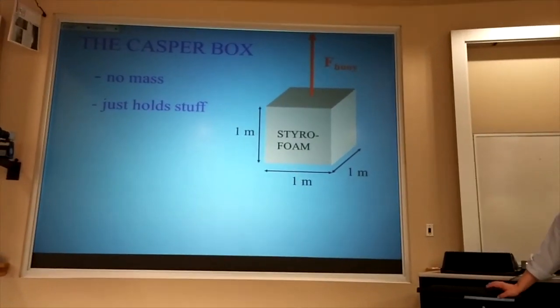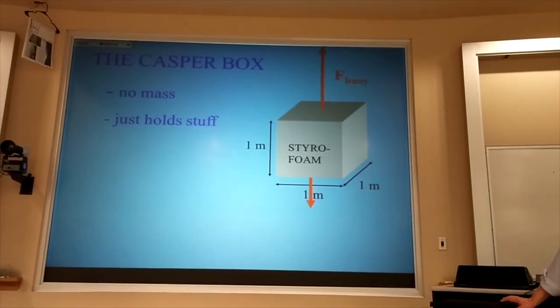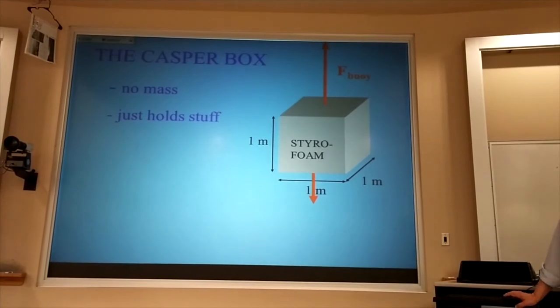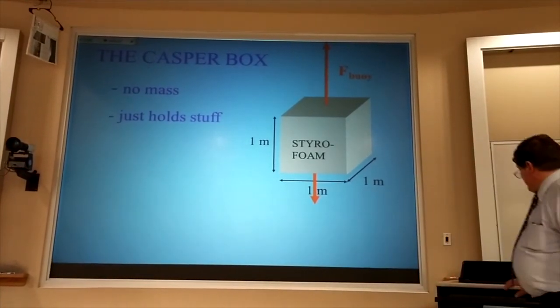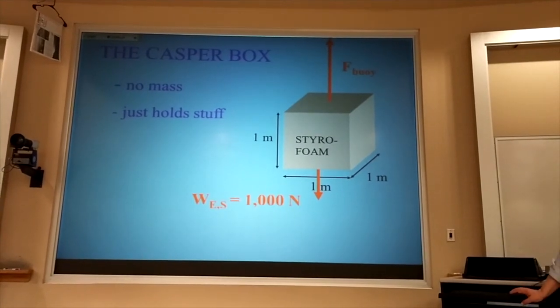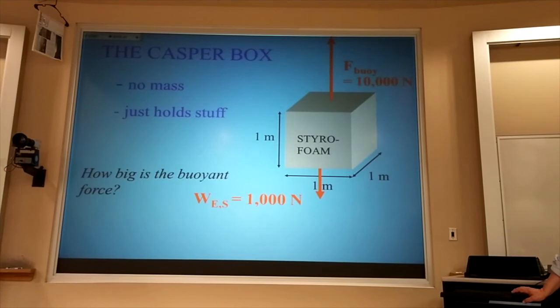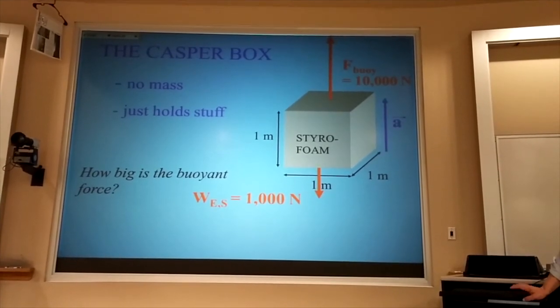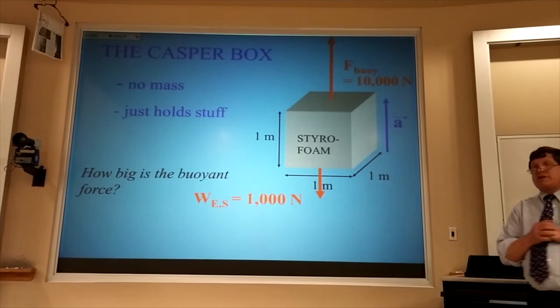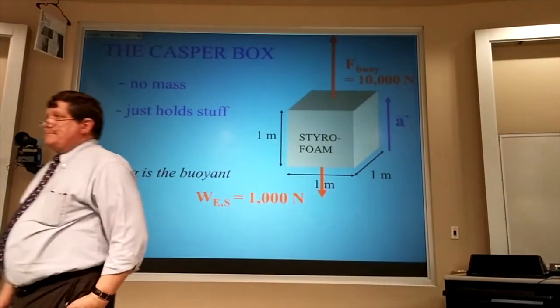If instead we fill that box with styrofoam, the weight force is going to be less than 10,000. Why? Because the density of styrofoam is less than that of water. But the buoyant force just doesn't care what's in the box. It's still 10,000. And that means this block of styrofoam is going to accelerate up towards the top, and it's going to pop up out of the lake and float.